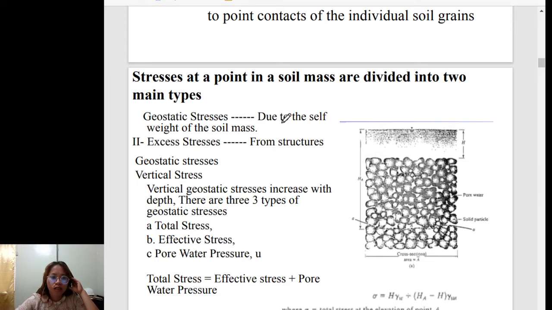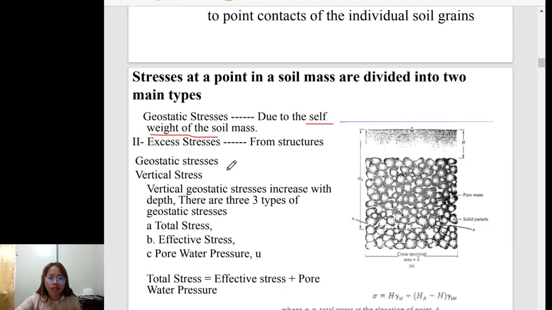So geostatic stresses are the self weight of the soil mass, the unit weight times the height of the soil mass, while the excess stresses are from the structure, or if there is a footing, then you will have excess stresses.